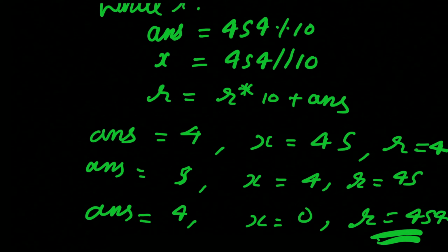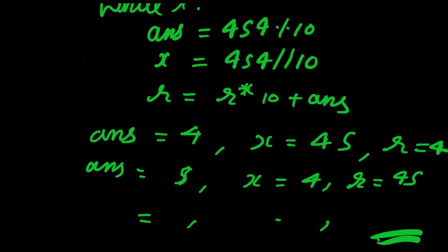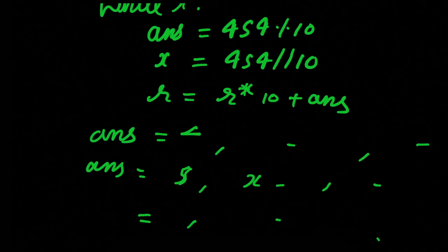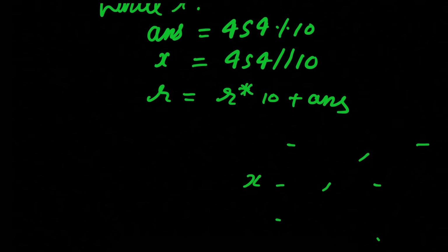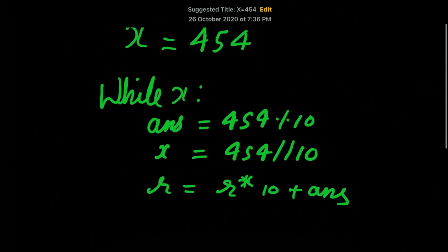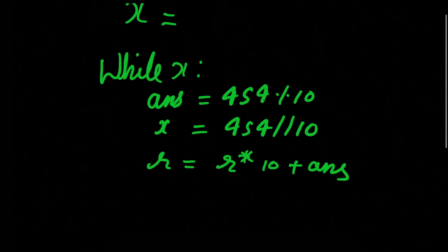Okay, so for a non-negative integer it's actually very easy, but the actual catch comes when a negative integer comes. So why is that? Let's say, for example, instead of 454, I had something like negative 124.